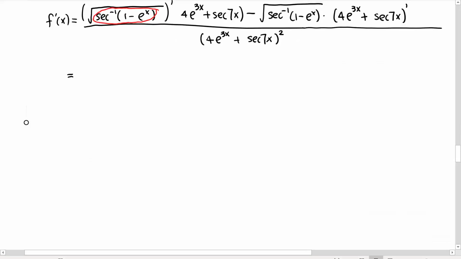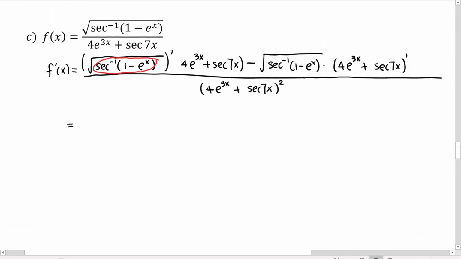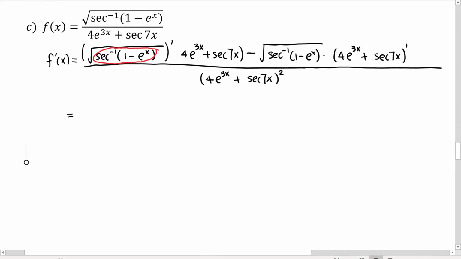Alright, so here we have u to the 1/2. What is the derivative of u to the 1/2?